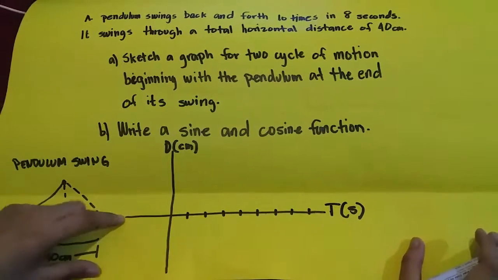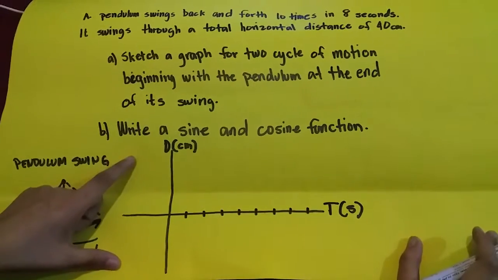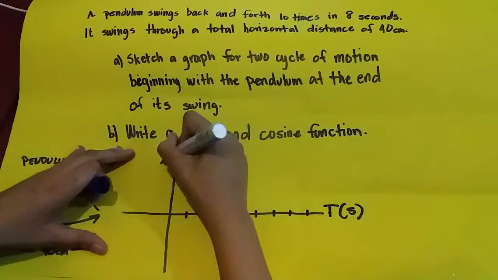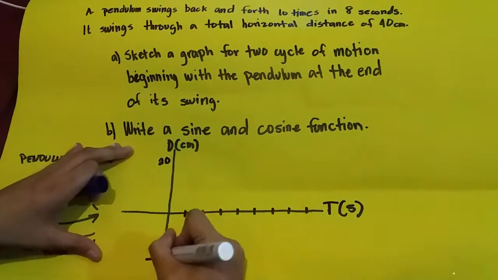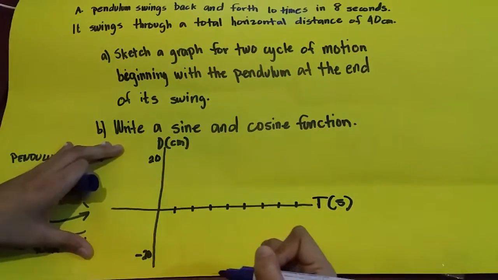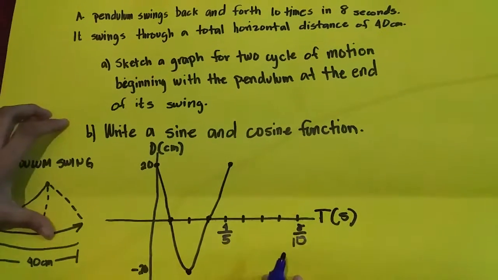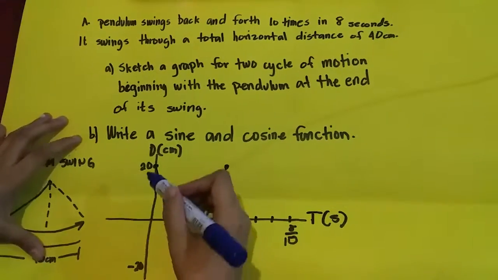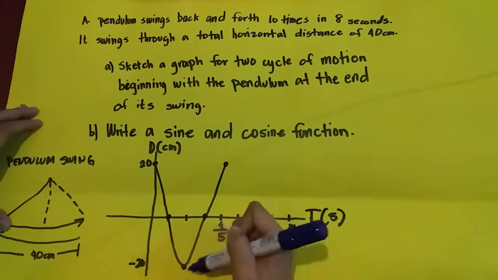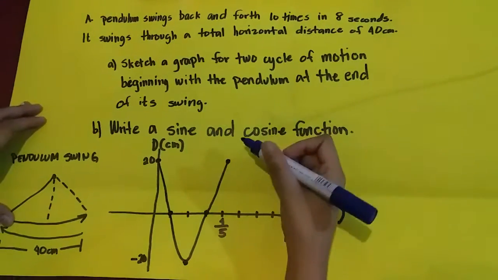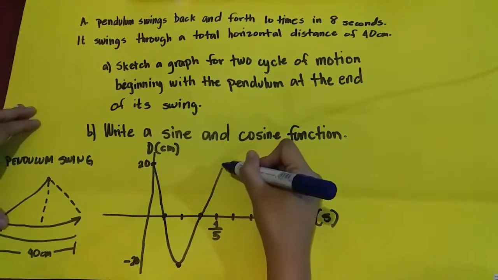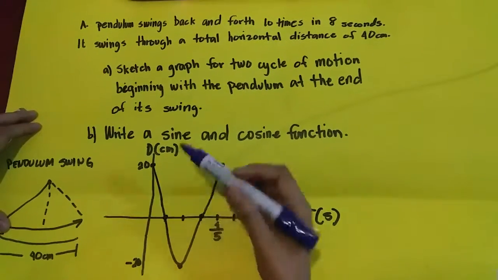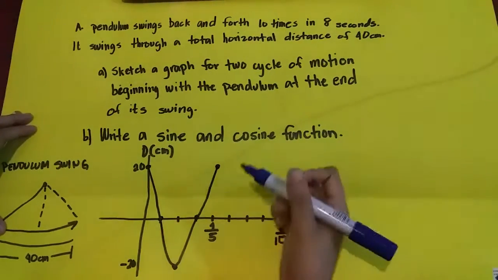In order to have 40 cm, we are going to have 20 and negative 20. As I said, we start at 20, and as our pendulum swings, we will go back to 20. So in order for us to go here, we will have to go down at these points here.